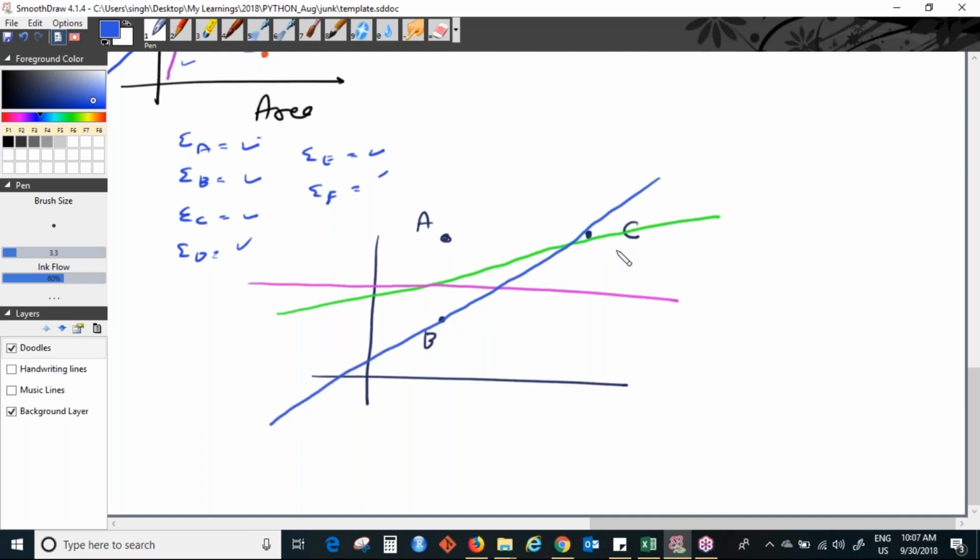Now which of the 3 lines do you think is the best for these 3 data points?